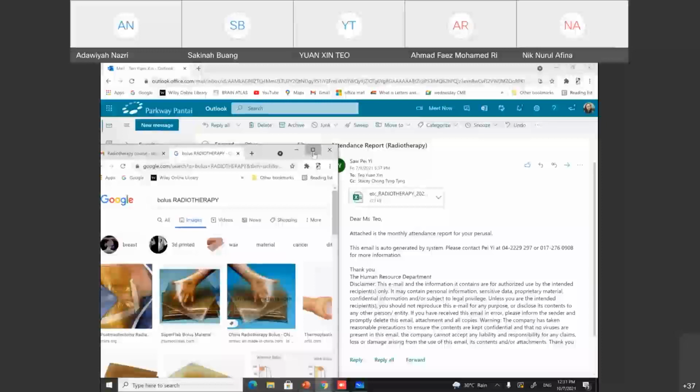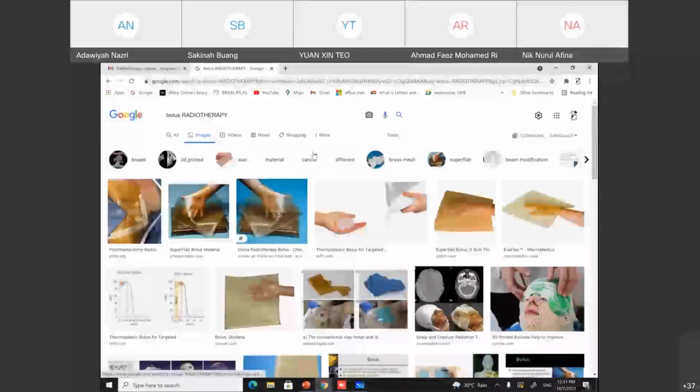In case other students do not know what kind of bolus we use, the standard is this type. They make the bolus material with an equivalent density of 1, which is equivalent to our soft tissue.